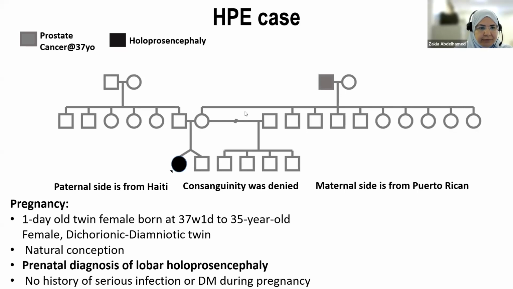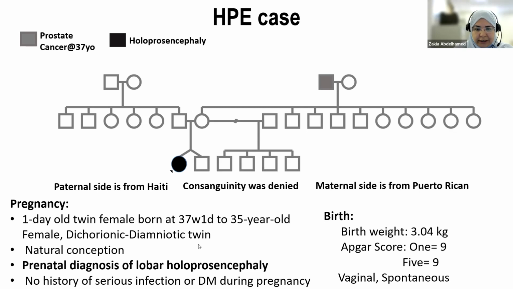There is no occurrence of genetic conditions, except for early diagnosis of prostate cancer in a grandparent. She was a chorionic diamniotic twin with her brother, who was completely normal. The mom denies any history of serious infection or diabetes mellitus during pregnancy, and the birth was uneventful.